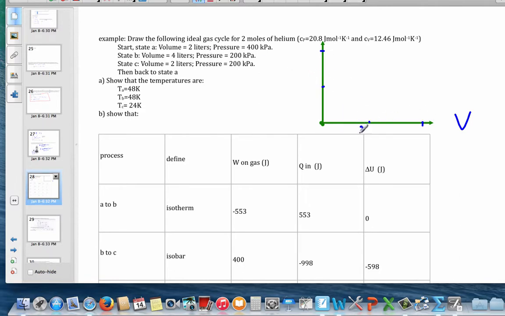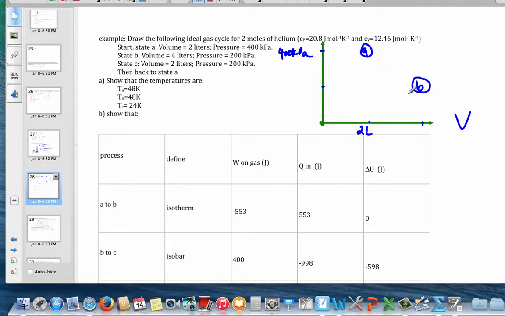So here's a volume of 2 liters, and we're up here at the larger pressure, 400 kPa. So that's point A. And then state B is twice as much volume, but half the pressure. So I see there's inverse proportionality.